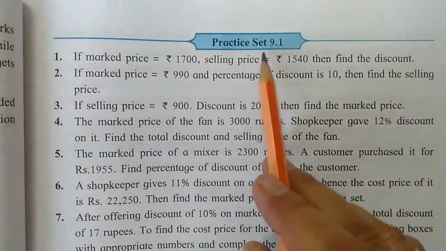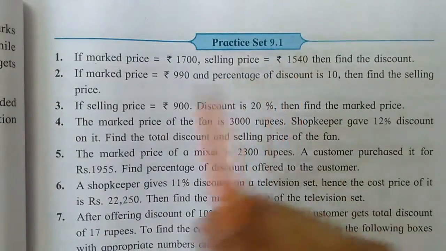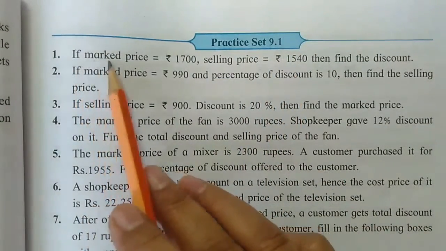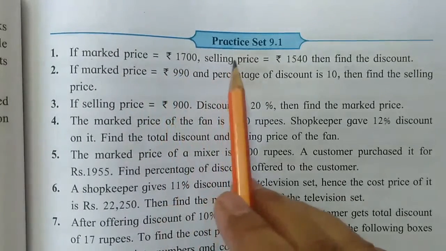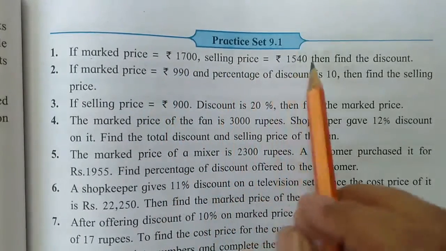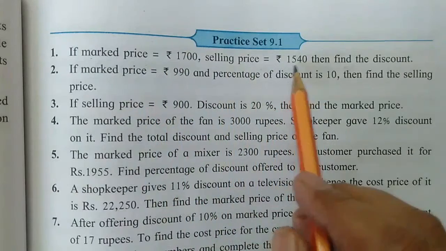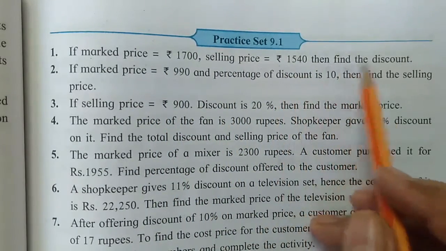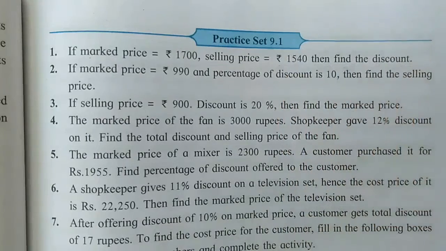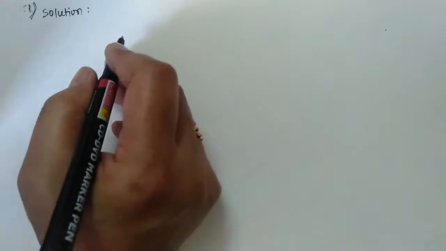Now let us move to practice set 9.1. In that the first question is: if mark price is equal to 1700 rupees and selling price is equal to 1540 rupees, then find the discount. Very simple question. See the solution. Firstly write down what is given.